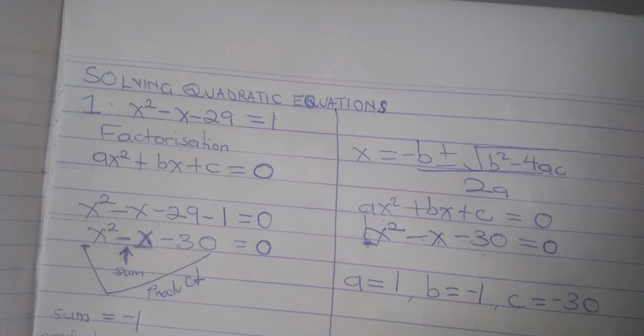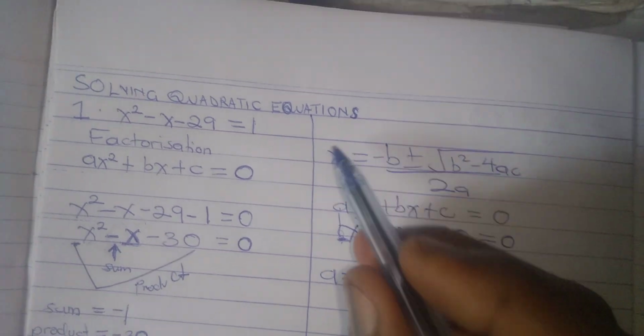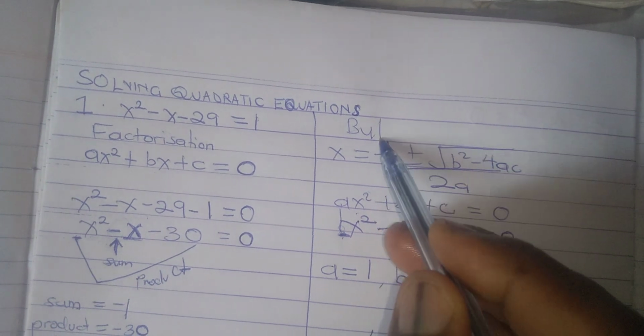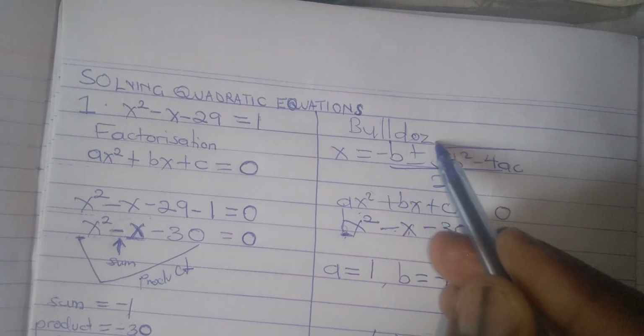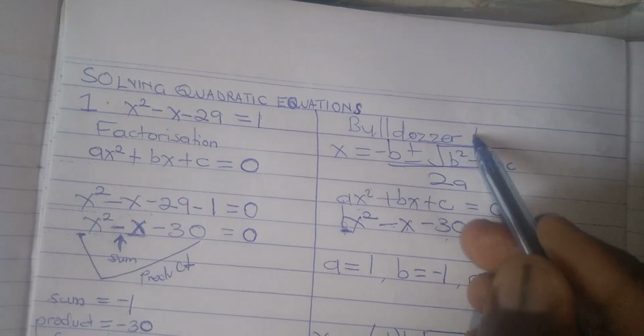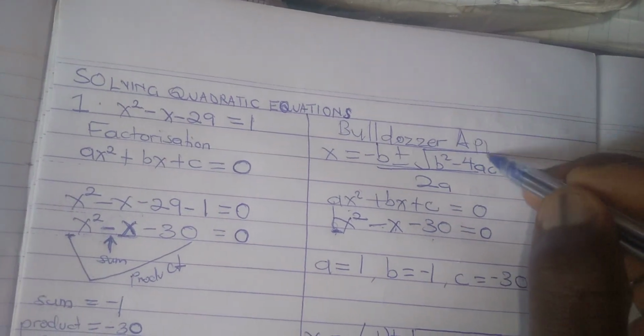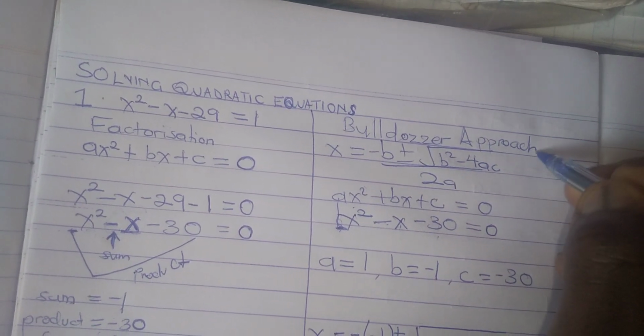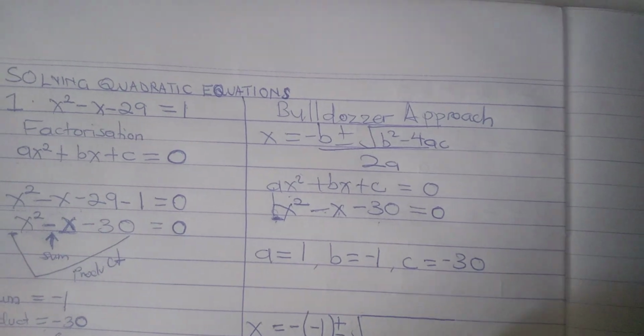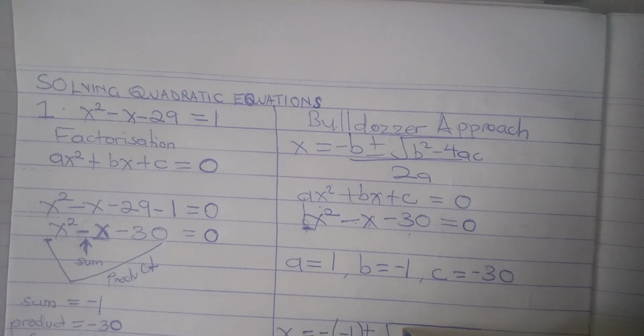plus or minus root of, so here I'm using the bulldozer approach. So into the root of, what is our b?